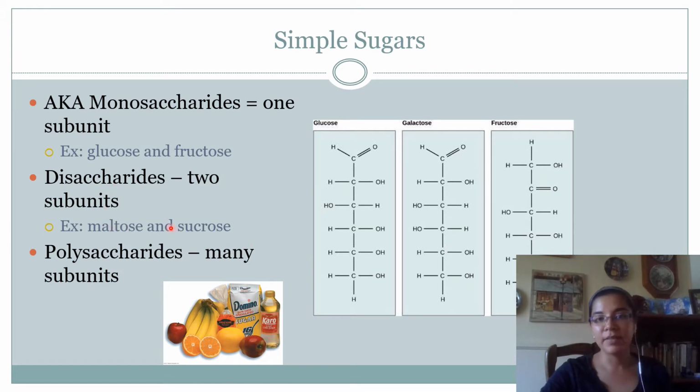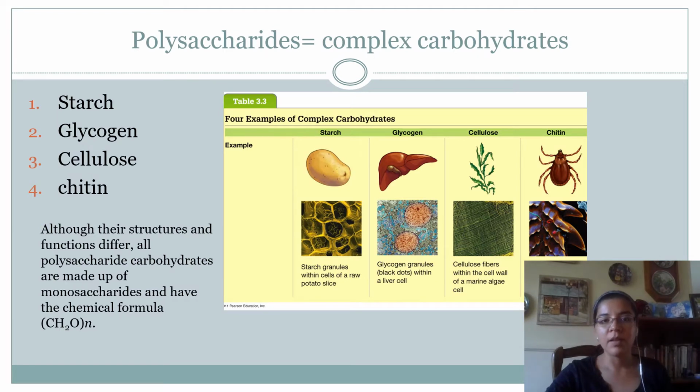If you link multiple monosaccharides, we get polysaccharides. Poly is the prefix for many. So we get many subunits of sugar molecules. That's what we call complex sugars. So for polysaccharides, complex carbohydrates, we have starch, glycogen, cellulose, and chitin.